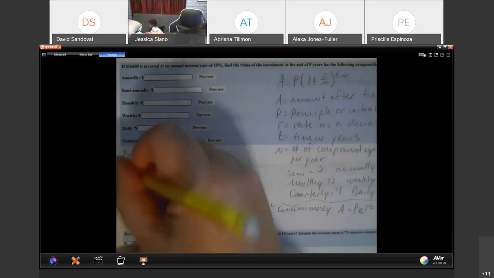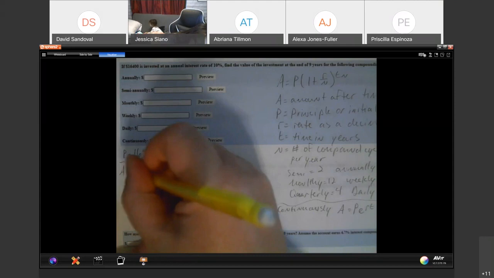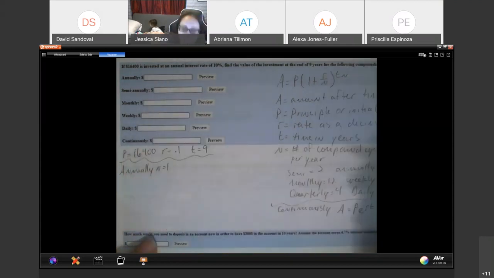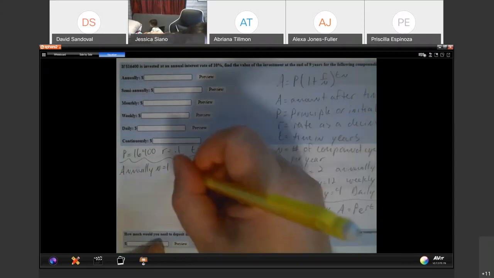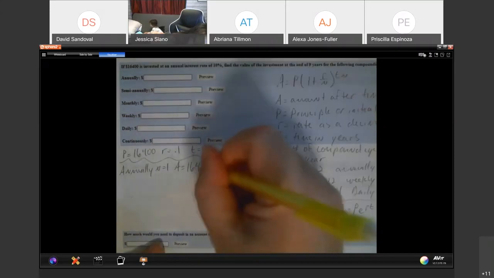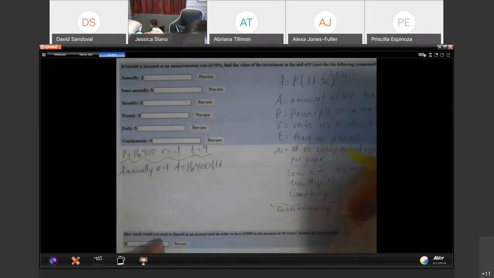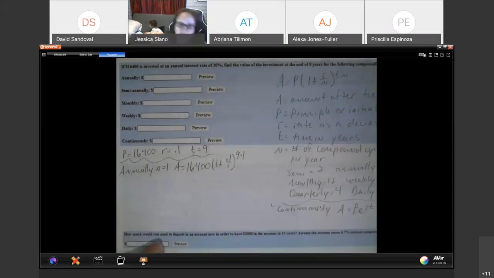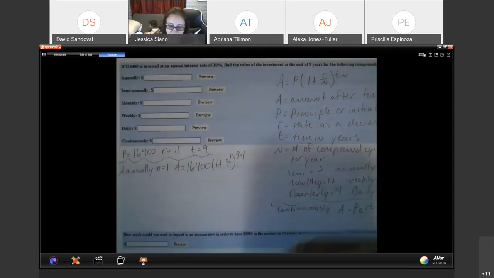Annually, n is 1. So I have A equals 16,400 times 1 plus 0.1 over 1 to the 9 times 1. I'm putting that right in my calculator.